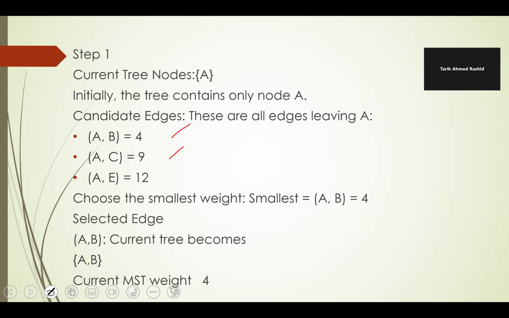So we take the shortest, which is A to B. This is our diagram now. The current minimum spanning tree weight is 4.